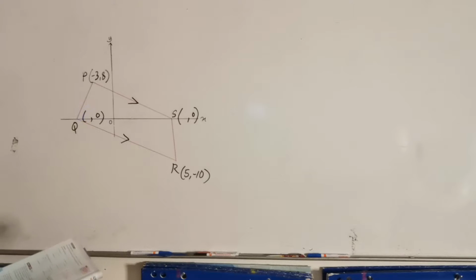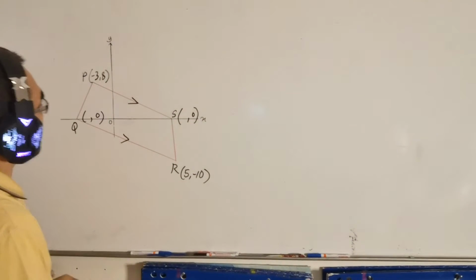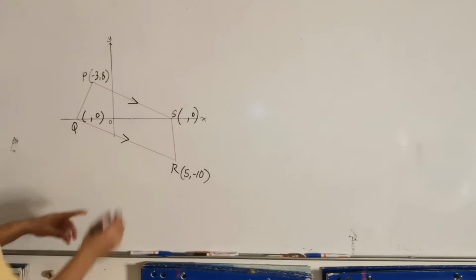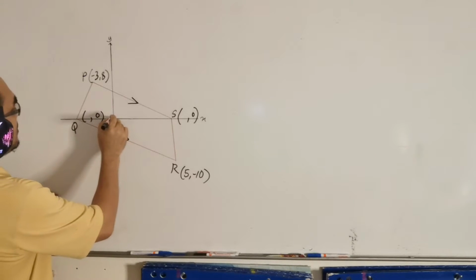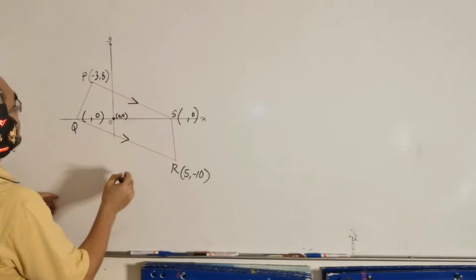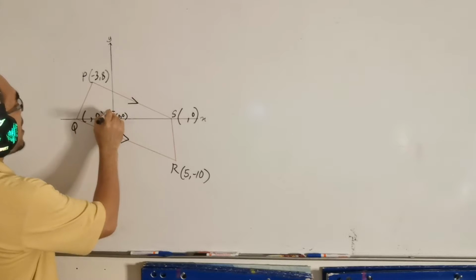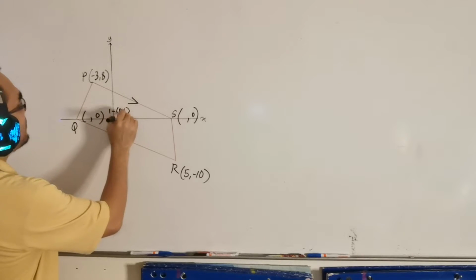So what is so important about RS and this y-axis being parallel? Look here. Let's say we have a point here. The point here will be 0, 0. Maybe if there is 1 here, it's 0, 1.